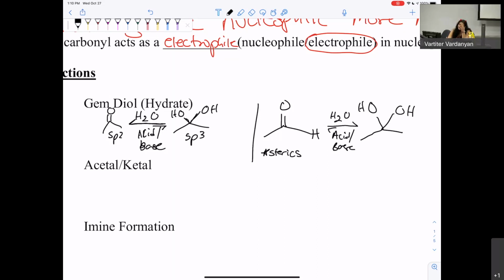It's less sterically hindered than the ketone, and electronics. So there's less donating groups, which means this is a stronger delta plus. So sterics, less steric hindrance, electronics, less electron donation. That's why it's more reactive.